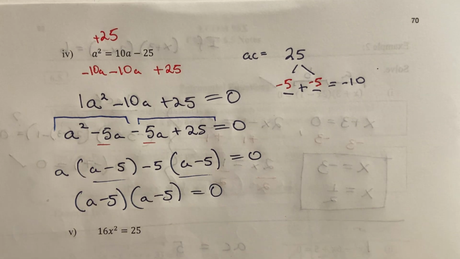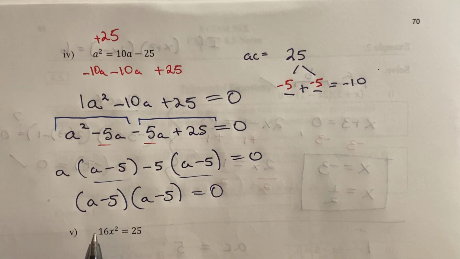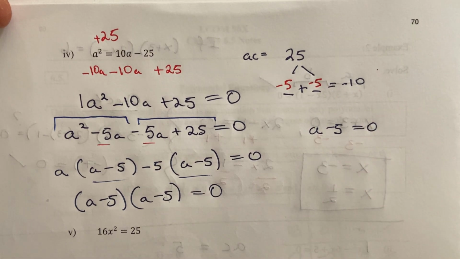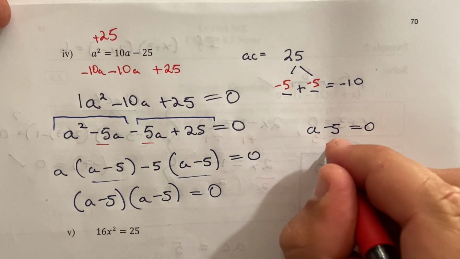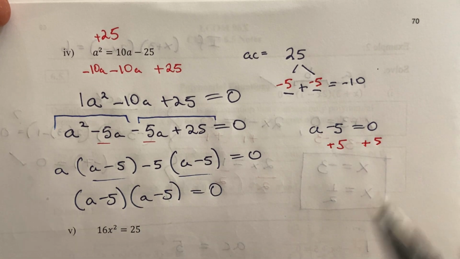And you might be thinking, oh, let's set both of them equal to 0. And really, yeah, you are. But just setting one equal to 0 is going to be sufficient. Since they're both the same, we're just going to get a 5, twice. But there is just one solution here.